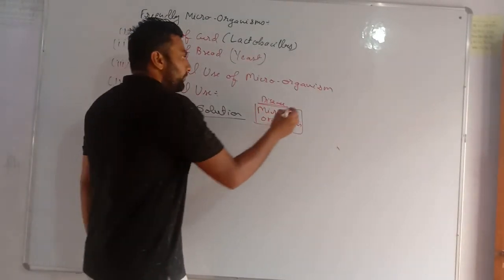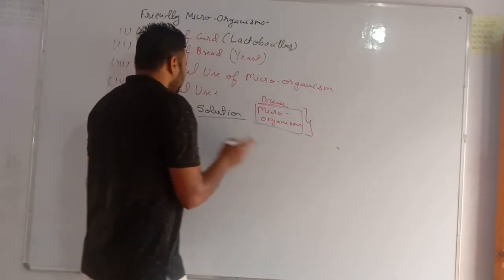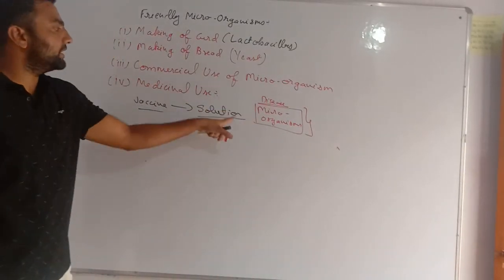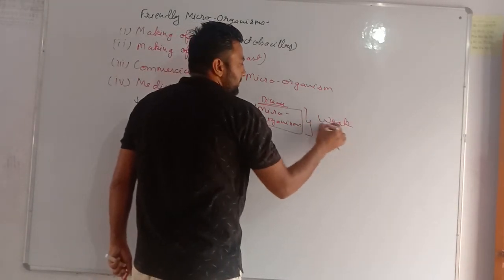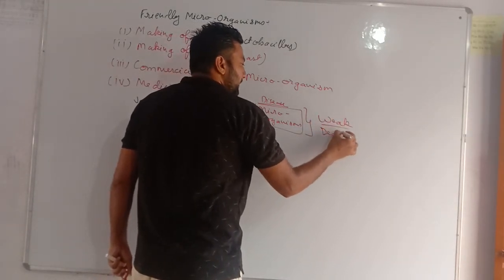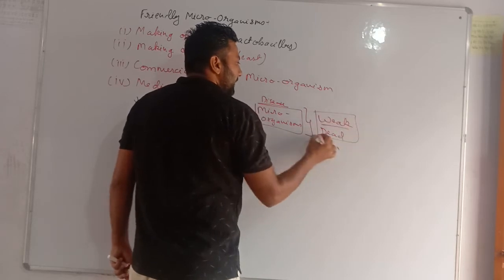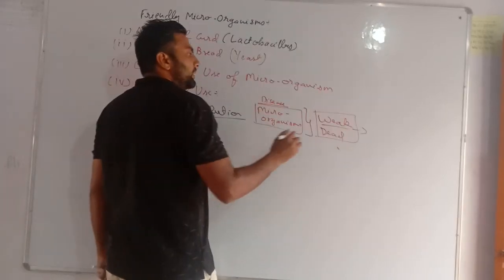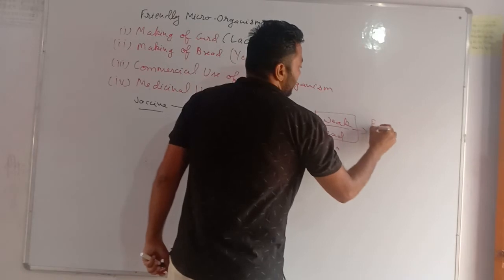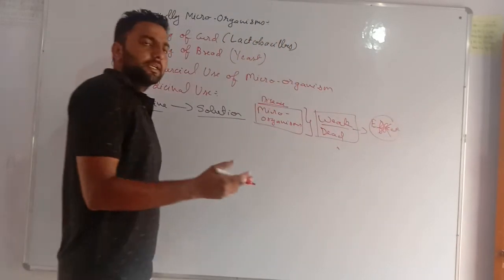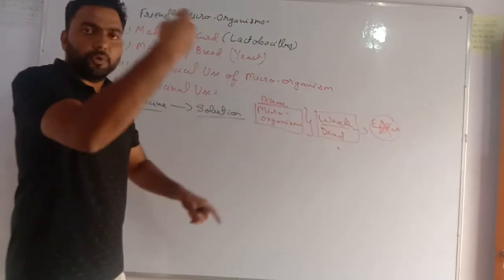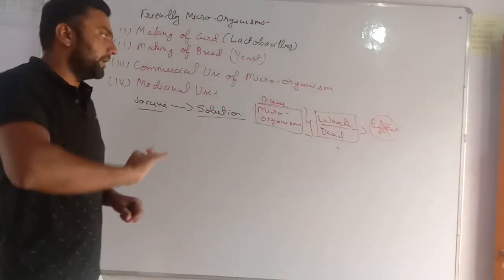But very important, when they are present in the vaccine solution, they are very weak, or they are in dead form. They are so weak that they cannot affect my body. If these microorganisms are put into my body, they will not be able to affect it.